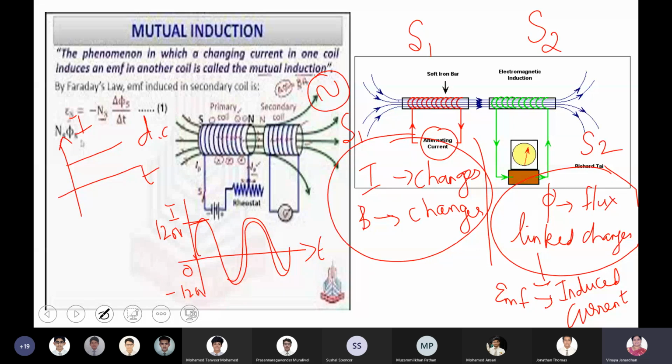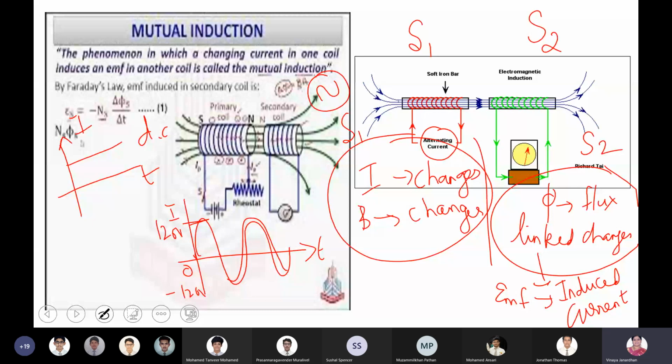This phenomenon of inducing a current in the secondary coil due to the changing current flowing in the first coil is called mutual induction. So the current in the first coil changes. So the magnetic field created by the first coil is going to change.